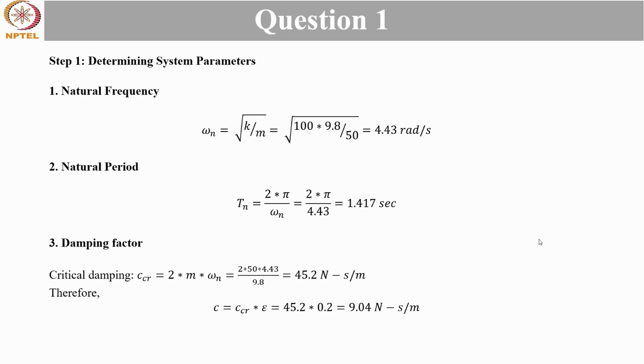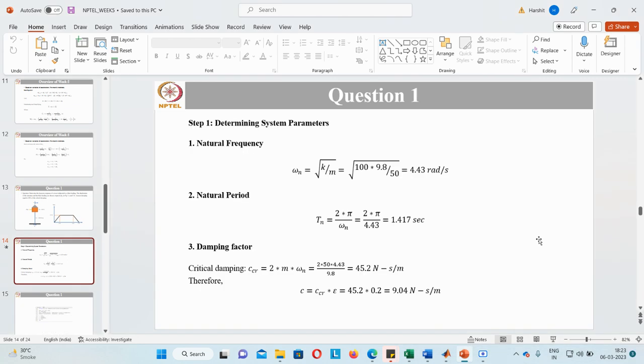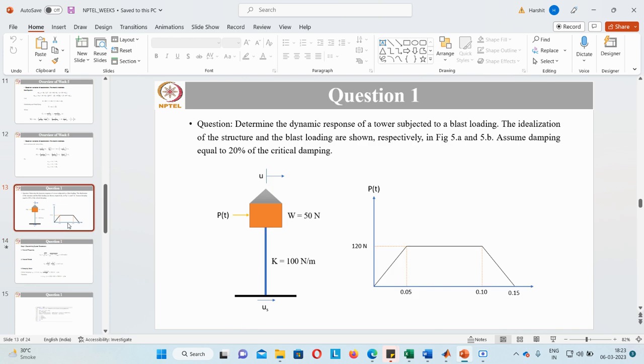Now we'll solve this question by Newmark's method. The numerical method that we will be using to solve this question is Newmark's method. So kindly open your MATLAB application if you have it, or just write the syntax along with me.